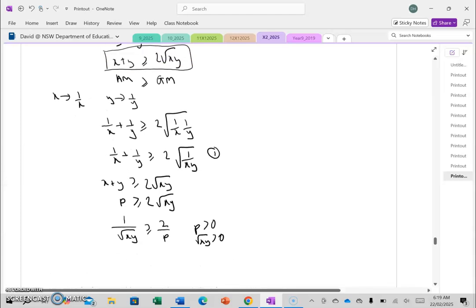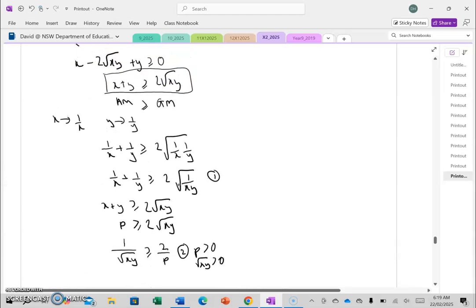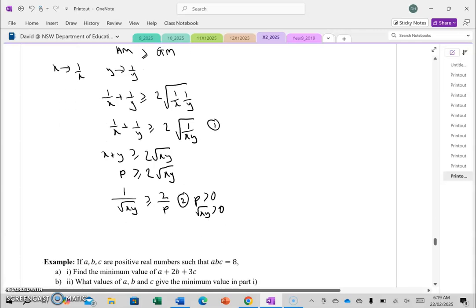Now I'm going to use combining 1 and 2. So we've got A is greater than or equal to B, and B is greater than or equal to C, so we can apply that.